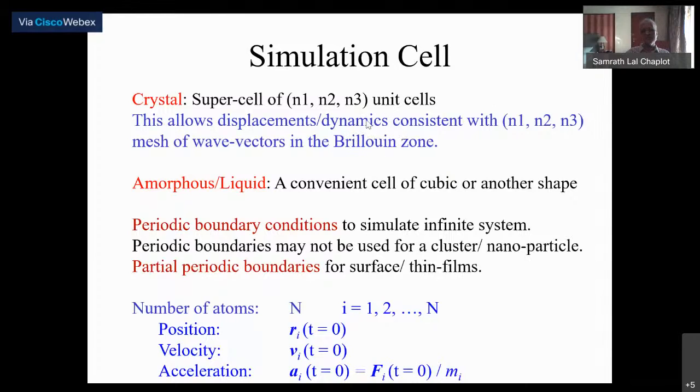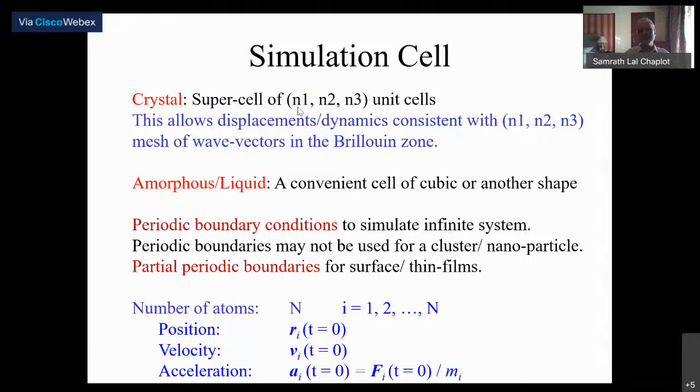However, there is a consequence here which I should like to tell you. Once you have chosen a certain number of unit cells, mind you, you have to apply some boundary conditions on it, because if you want to really simulate the infinite crystal, then although I choose a cell consisting of so many unit cells, over and above this cell I apply periodic boundary conditions, which means the positions of the atoms will repeat along, let's say, the vector a after N1 unit cells.